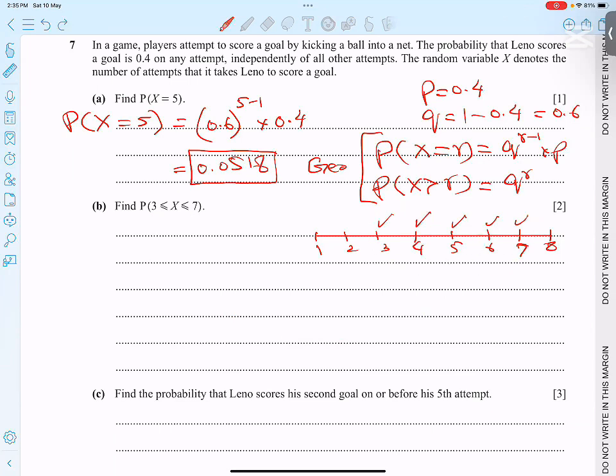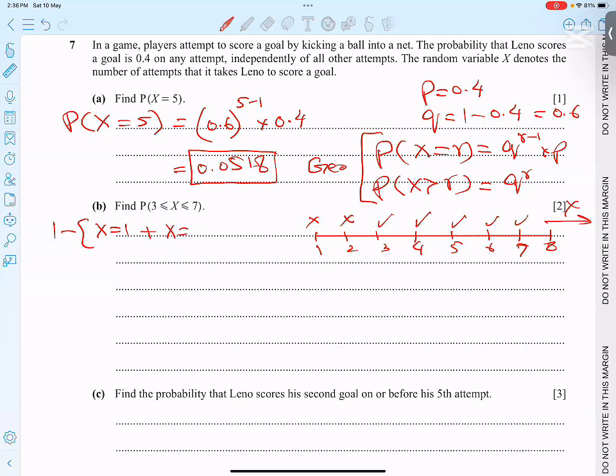Second option, I can do, I'll just give an idea. I don't need the values above. So one method is 1 minus, X equals 1 plus X equals 2 plus X more than 7. 0 is never in a geometrical probability, sorry for that.